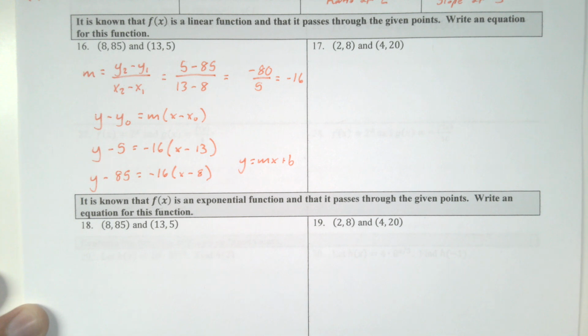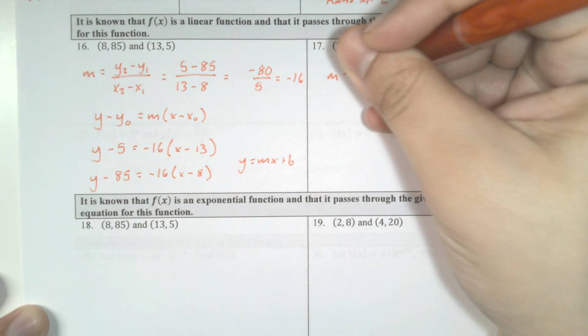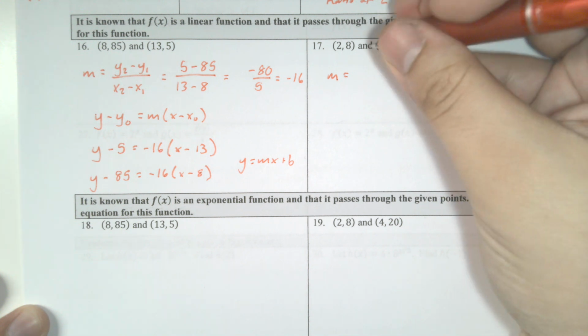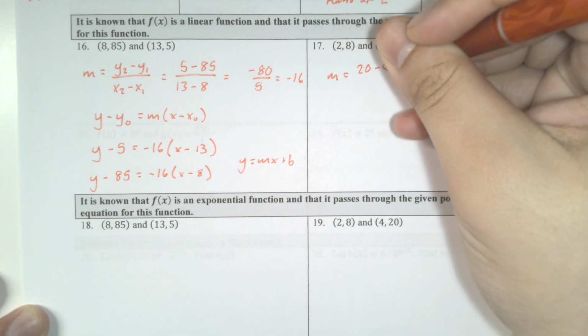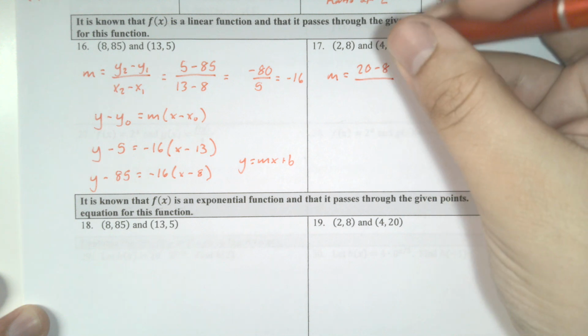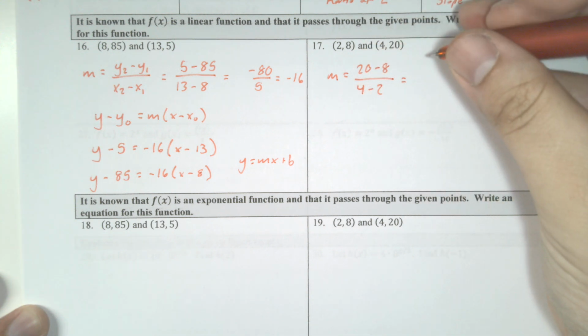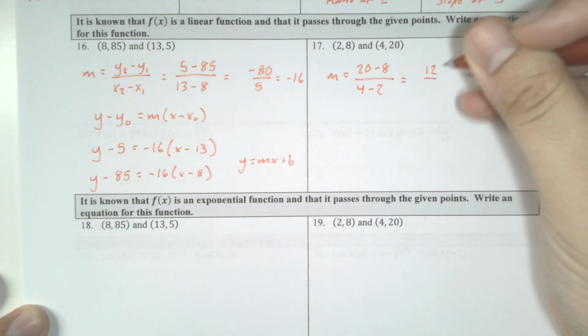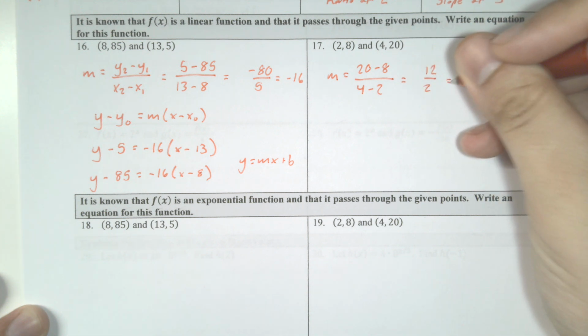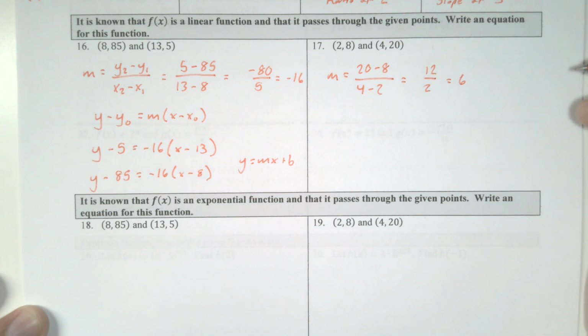Now, what about number 17? Again, we want to find the slope between these 2 points if we know this is a linear function. So that's going to be 20 minus 8 divided by 4 minus 2. Now 20 minus 8 is going to be 12, and 4 minus 2 is 2, and that simplifies to 6.